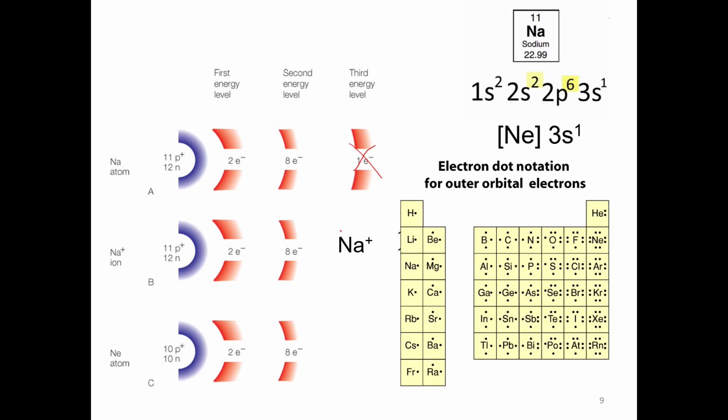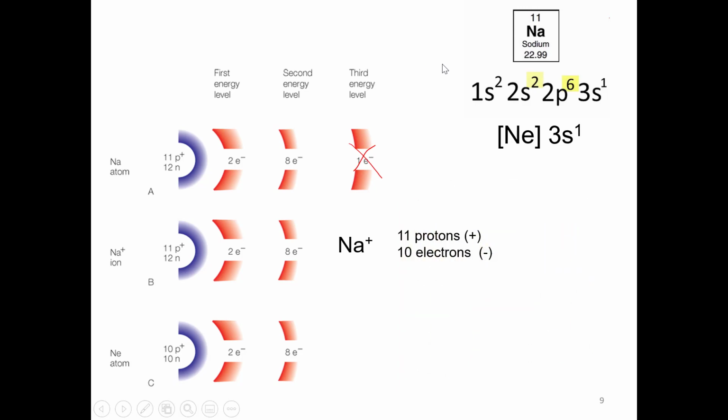If sodium loses 1 electron, it becomes a positive ion, and the positive ion of sodium has the same electron configuration as neon.